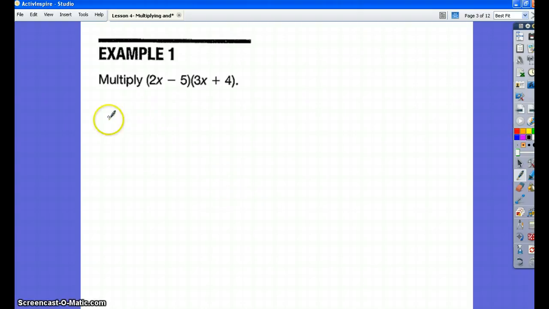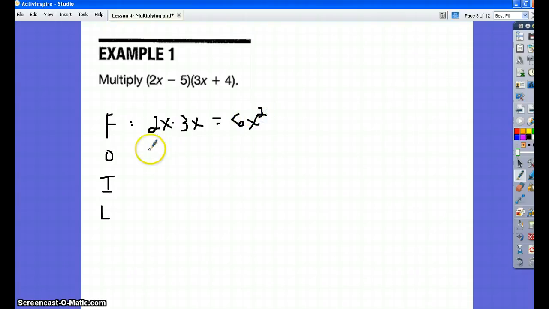So number one, I'm going to set it up like this. There's lots of different ways to set it up. So the first is going to be 2x and 3x, so it's going to be 2x times 3x, which equals 6x squared.